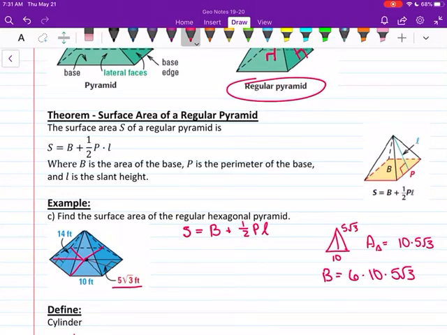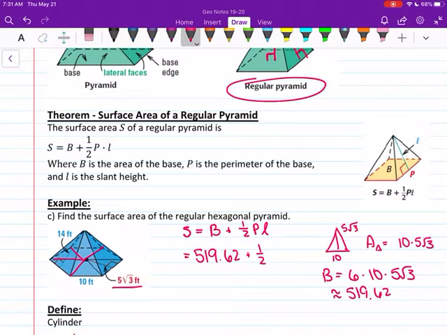Let me plug that into my handy dandy calculator here. 6 times 10 times 5 times square root of 3 is 519.62. So I get 519.62 plus 1/2.